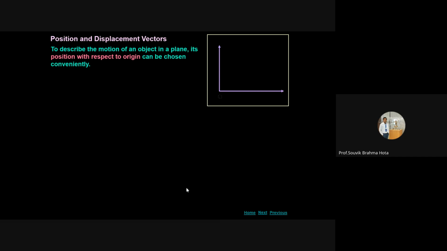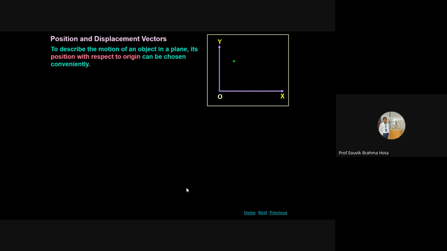Now suppose this is O, and Ox is the x axis, Oy is the y axis. That means in Cartesian coordinates, this is your xy plane, whatever you are seeing on the screen.